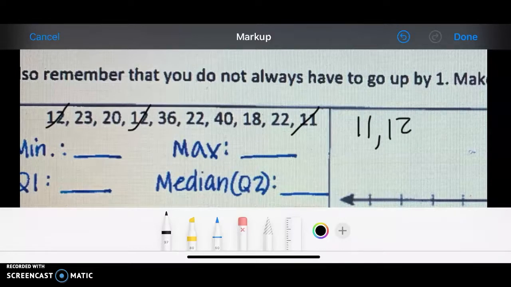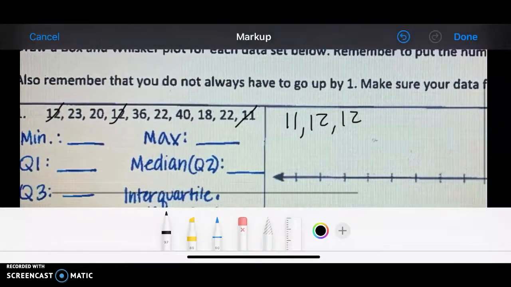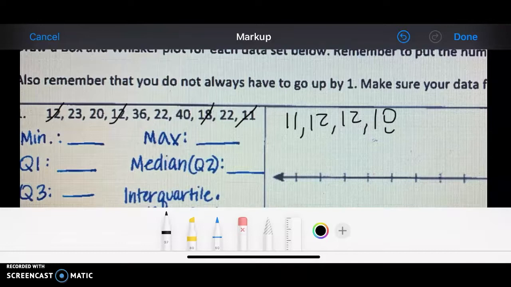12 and a 12. And then if we keep going in the teens, I see 18. And then we get into the 20s, I see a 20.